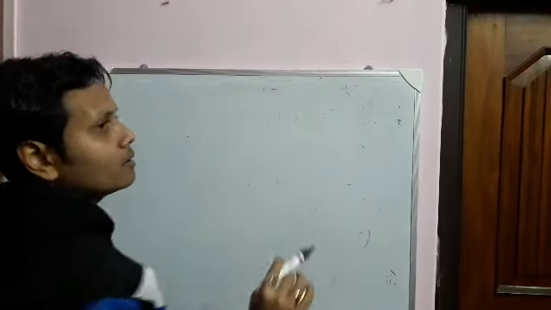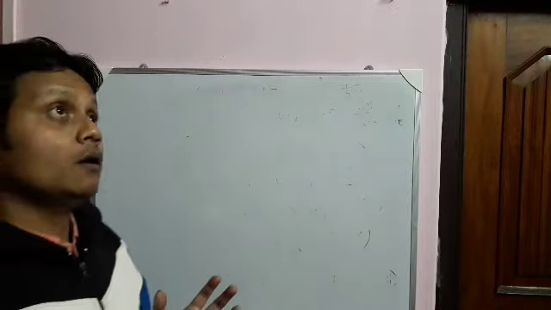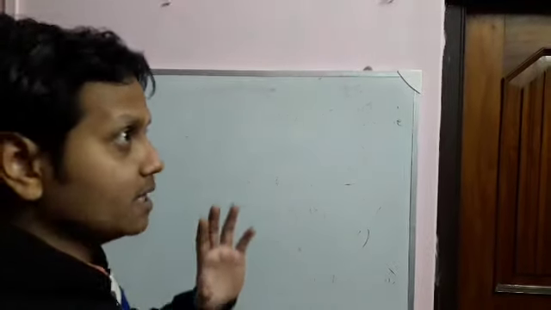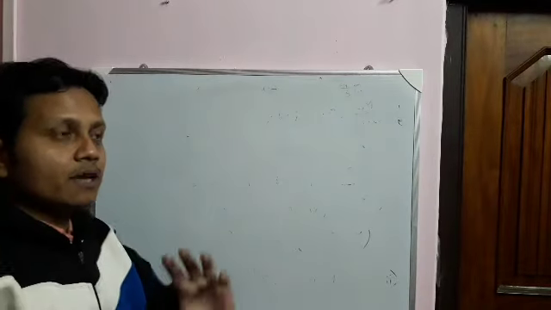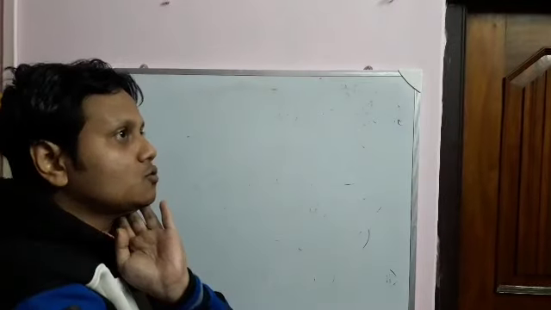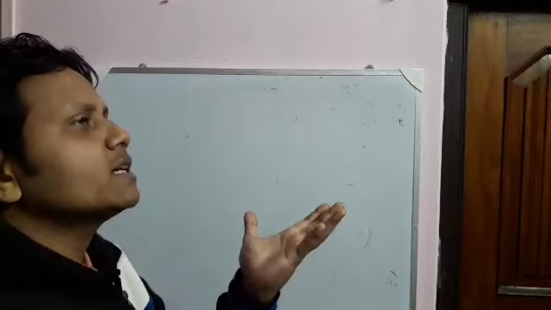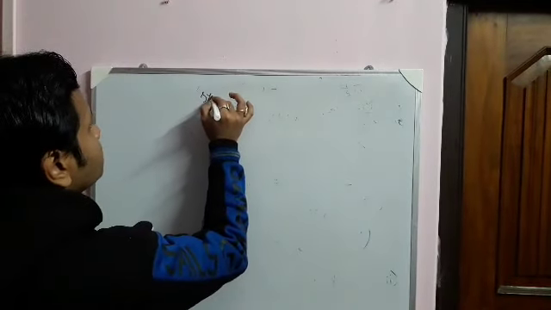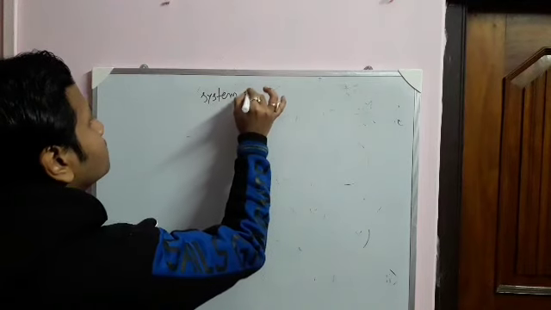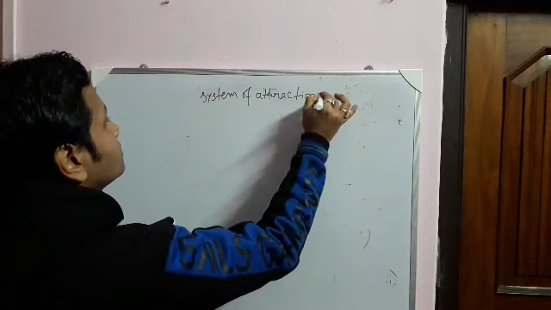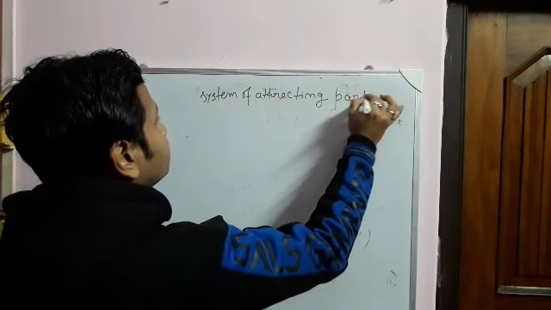While deriving Laplace's equation, we have to consider a system of attracting particles, where a potential exists. To derive Laplace's equation you need potential, so we take a system of attracting particles. This must be remembered: a system of attracting particles.